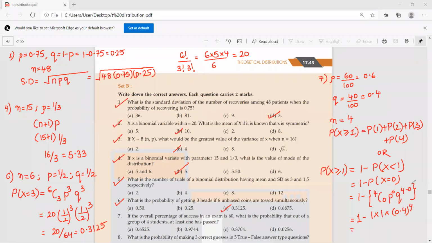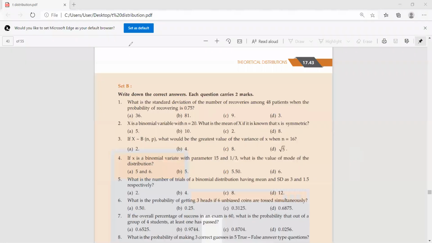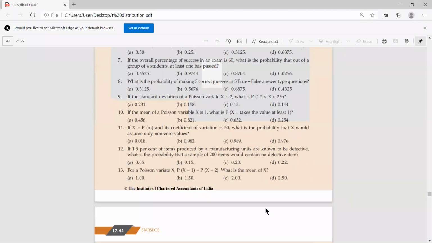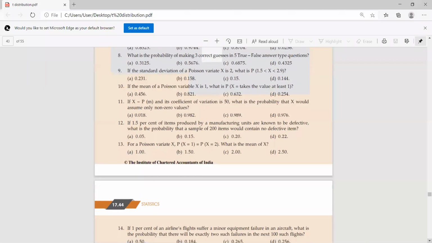So you can quickly find the answer 1 minus 0.4 to the power 4, and according to me the answer turns out to be 0.9744. So our first 7 sums are completed. Let us move ahead for the next few sums.